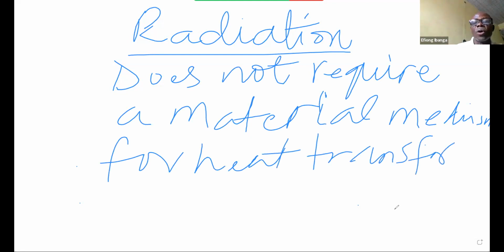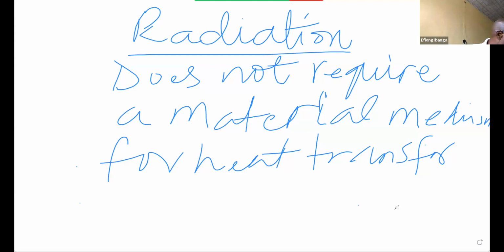So we don't require a material medium to transfer heat by radiation. That's the key point there. All right, so now let us look at the laws of radiation.